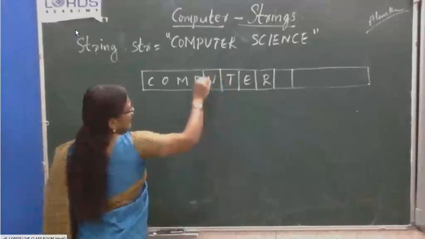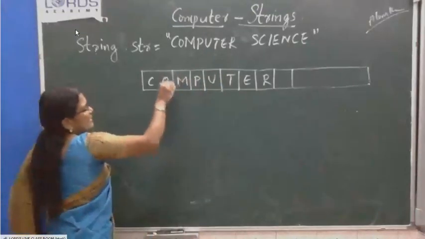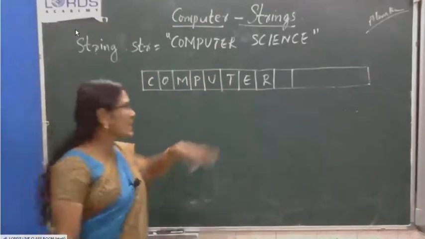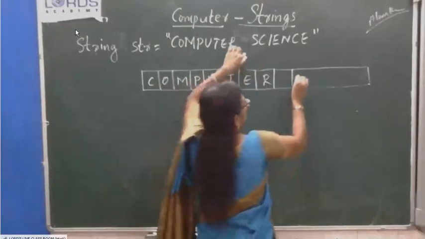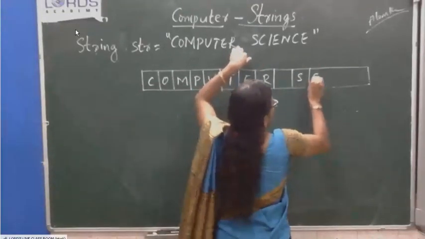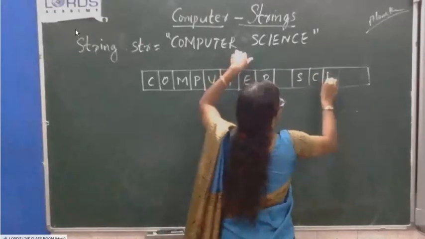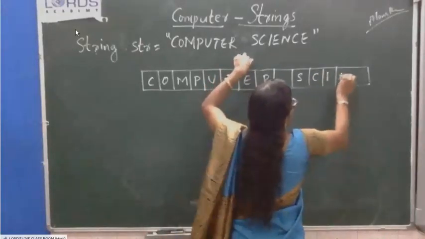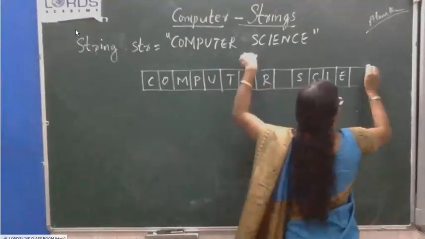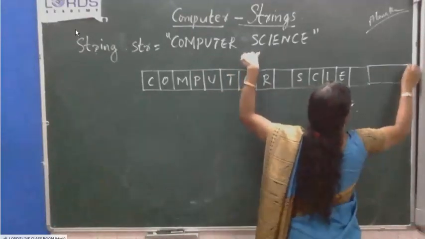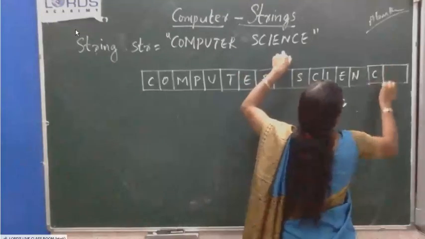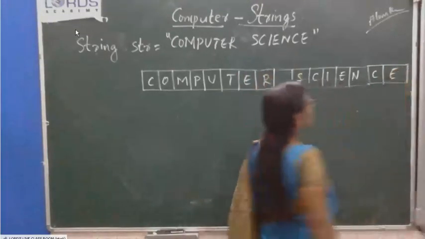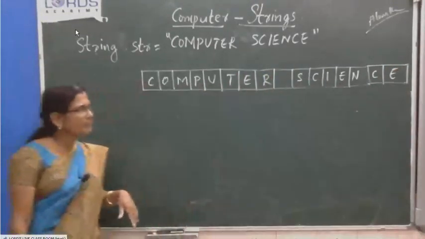Space is a character, its ASCII value is 32. S C I E N C E. How many characters are there?